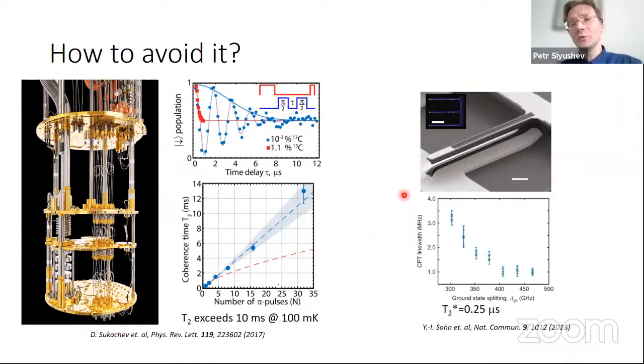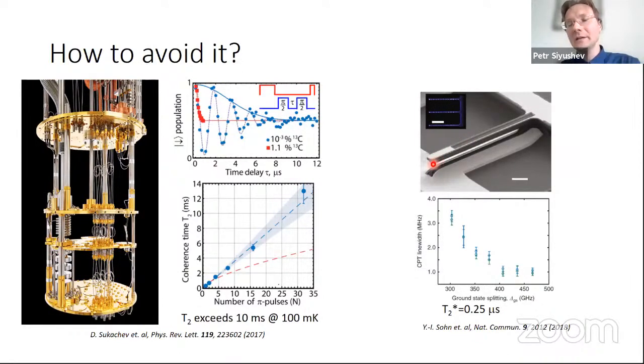Another approach was shown also by collaborators at Harvard, the Mark Lonchar group, and also a group in Cambridge, where they placed the silicon vacancy center in a diamond cantilever and then applied some force to produce a strain.